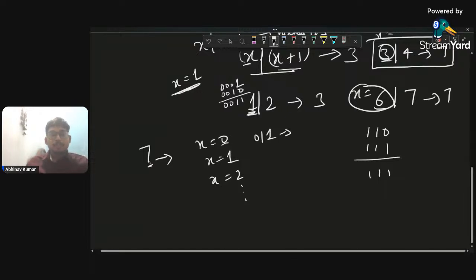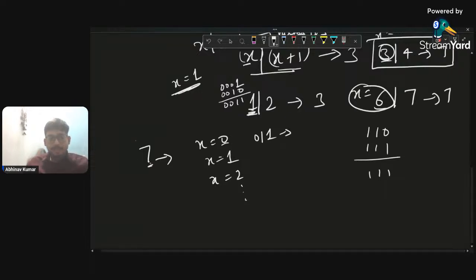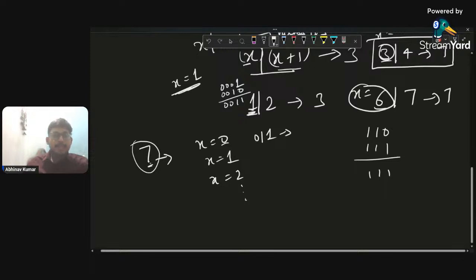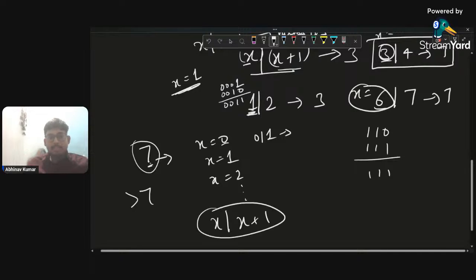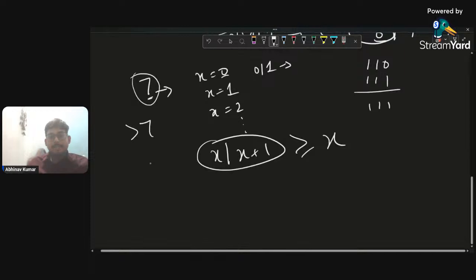If 7 is the number and you take some x greater than 7, then for sure x OR (x + 1) is always going to be greater than or equal to x. Can I say this? Because whenever I do the bitwise OR operation, the bits are going to get set.